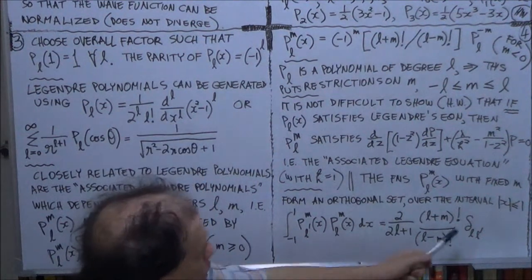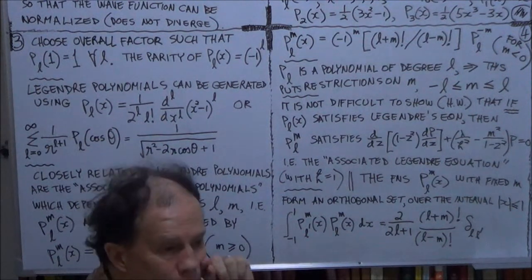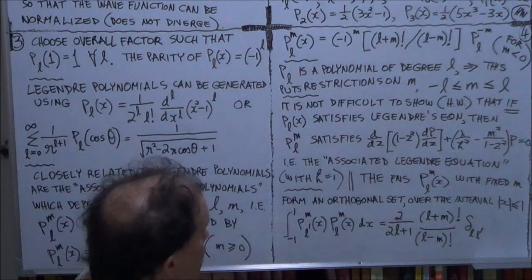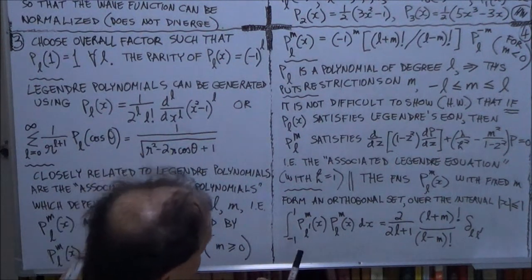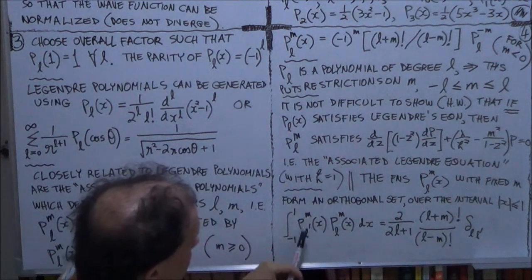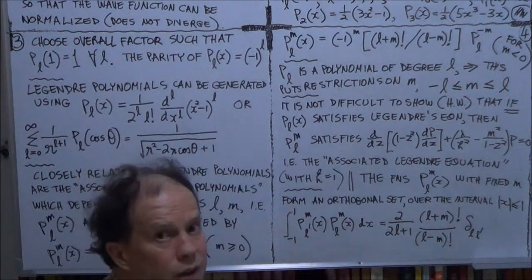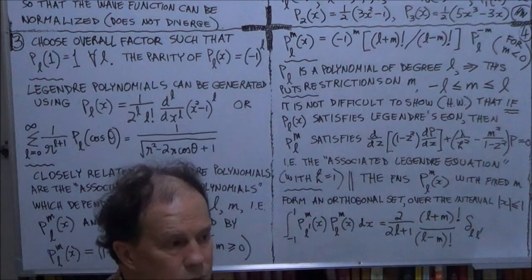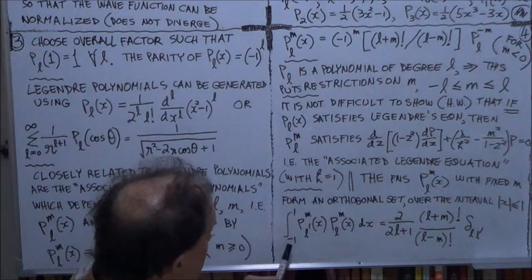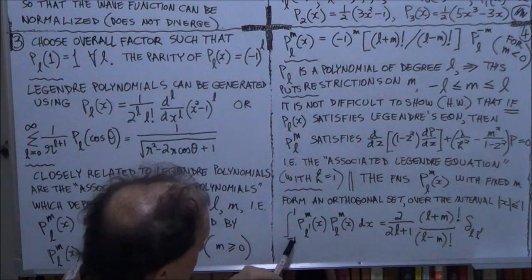Now again, it's just thrown at you. You're not expected to be specialists in differential equations on this stuff. Just giving you the information. So now the values here for these associated Legendre polynomials range over plus or minus 1, like cos theta. The maximum value of cosine is 1, minimum value is minus 1. So the range here is not minus infinity to plus infinity, it's just minus 1 to 1.